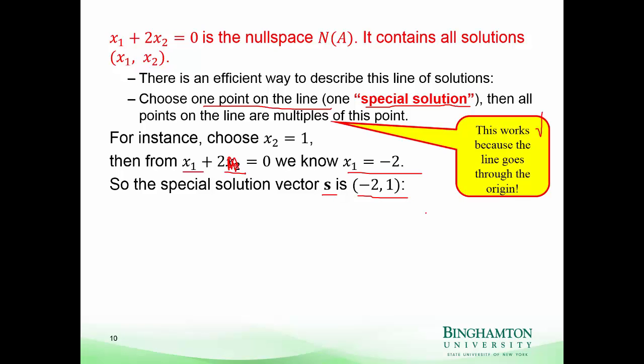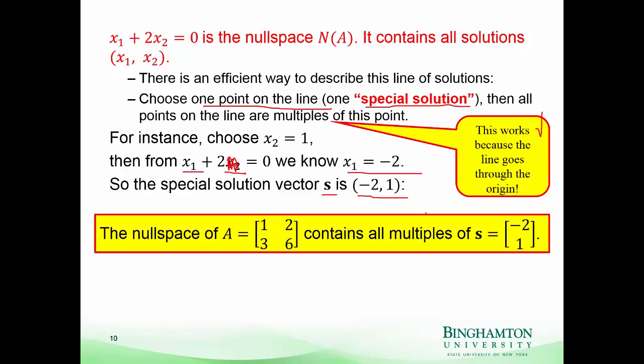Remember, that's really a column vector with minus 2 at the top and 1 underneath. So the null space of this given matrix is all multiples of our special vector. We would just put a C in front of that, and that gives us the entire space.